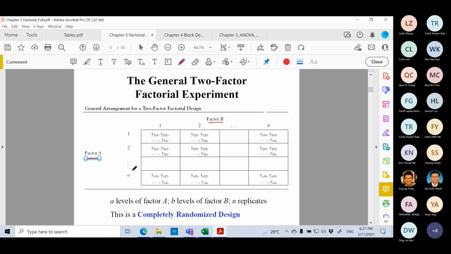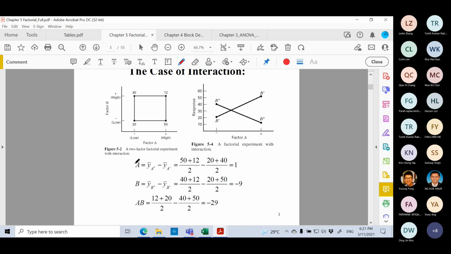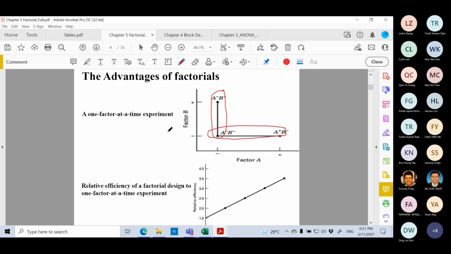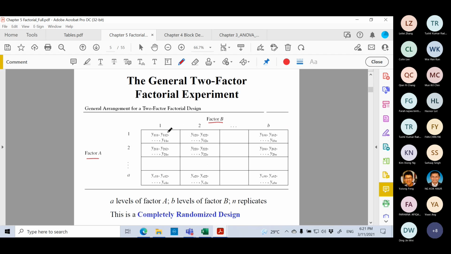Just now I showed you the example with only 2 levels for factor A. Okay, but in general, the factorial analysis can be extended to a levels. Means that for factor A, you consist of many means. Similarly, factor B, you also consist of many means. So this presentation is similar to the block.